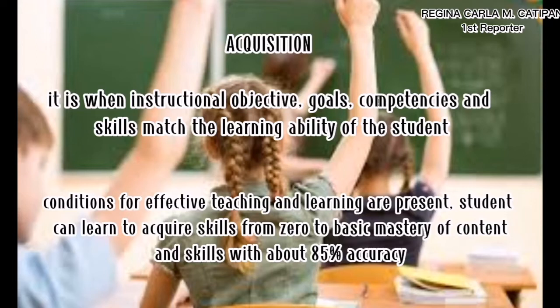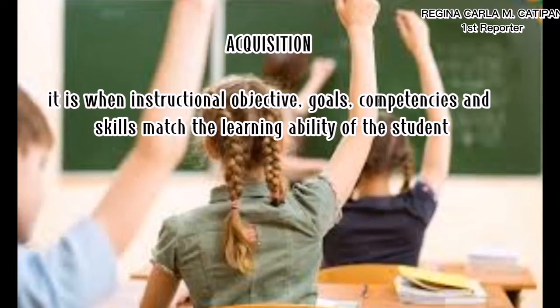Students can learn and acquire skills from 0 to basic mastery of content and skills with about 85% accuracy. Using relevant instructional systems and practical experiences further increases chances of achieving the expected percentage of accuracy in executing tasks learned.